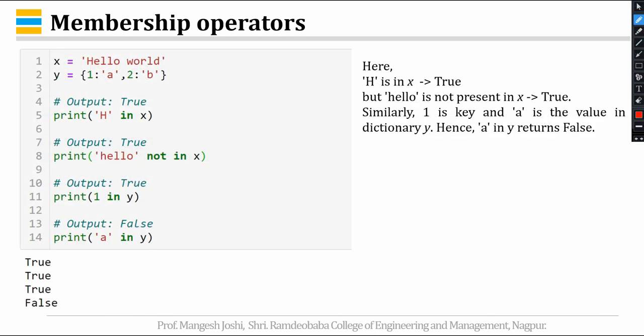In this example, x is a string containing "Hello world", and y is a dictionary containing these elements. Now I am trying to print "H" in x. This "in" will search for the H variable in this x string.